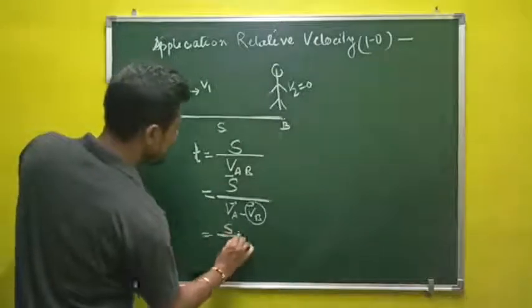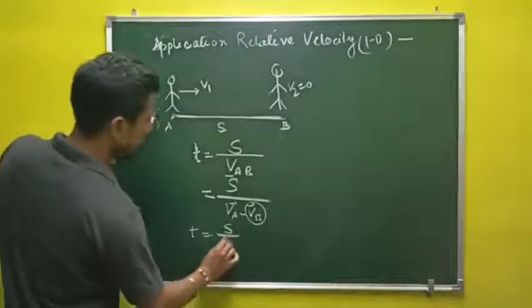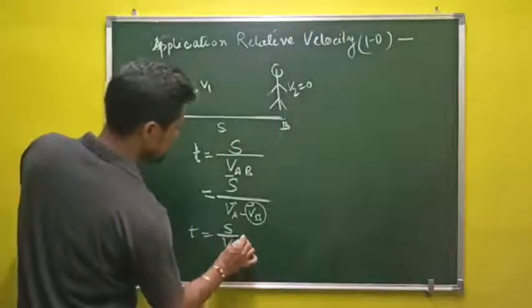So the time taken to reach the person will be S divided by V.